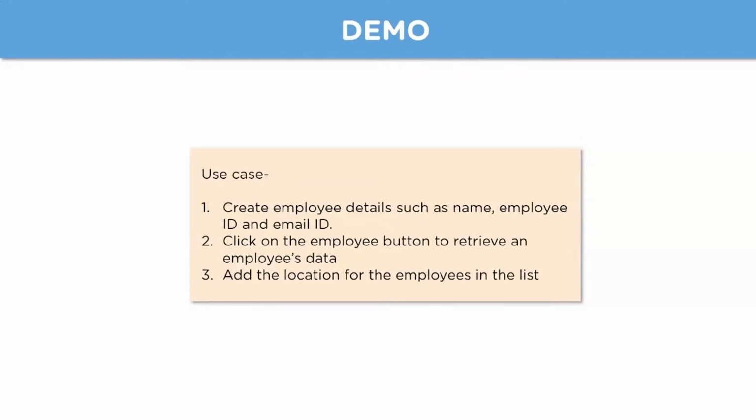We'll create a database of say 3 employees. And on the browser, when you click on the employee button, it displays the information about that particular employee. And at the end, we can also add information to the employee's details. So without delay, let's head to our VS Code and start learning Angular services hands-on.